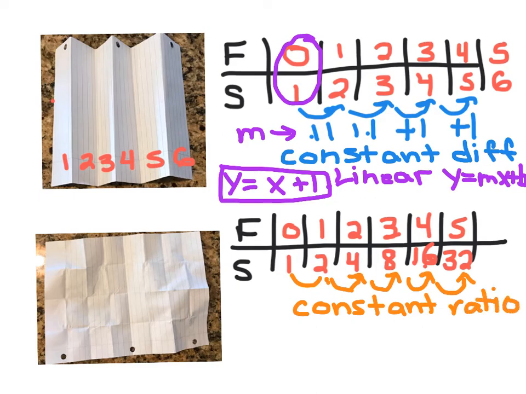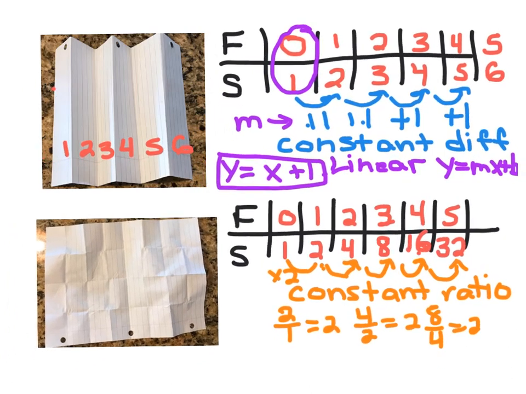Which means if we take the next value divided by the previous every time, we get a constant ratio. Or as you're identifying the pattern, you might see multiply by 2 every time. So our constant ratio in this case is 2.